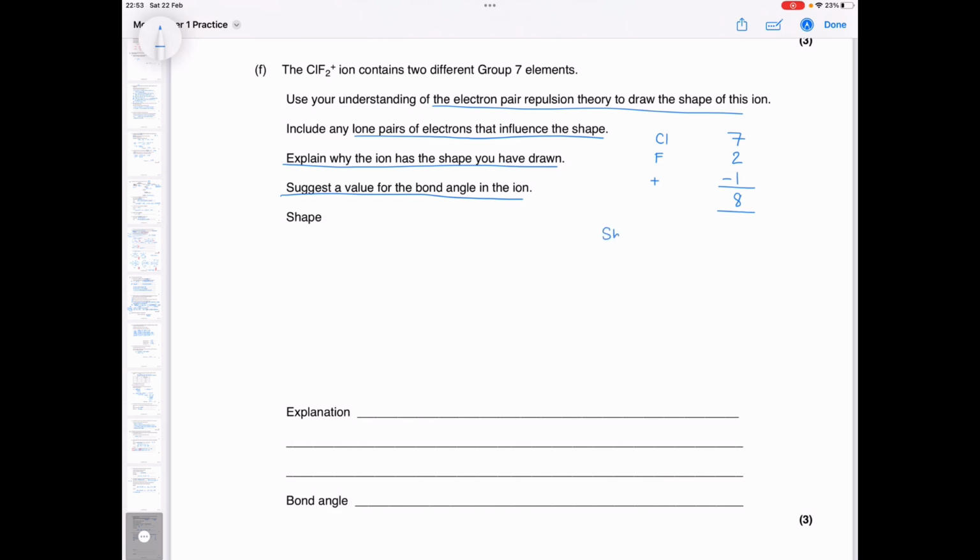So the shape is based on a tetrahedron, with 4 pairs. It's making 2 bonds, so 2 bonding pairs and 2 lone pairs.